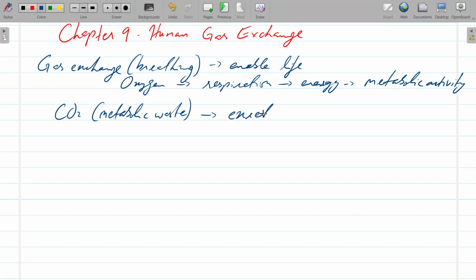So when we exhale, we're actually excreting the carbon dioxide via the lungs and then the nostrils or the mouth. Obviously the air that we take in also goes to the lungs. So this is the main player in the process of gas exchange in humans or mammals, or vertebrates.